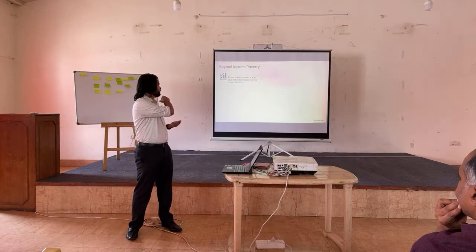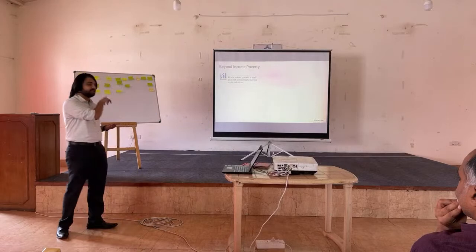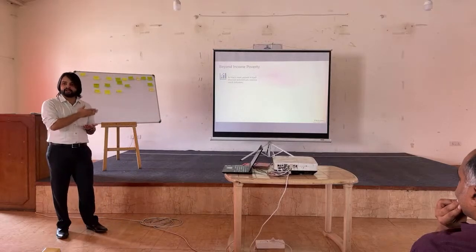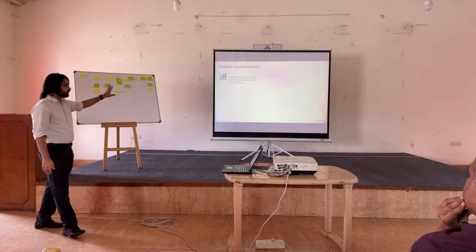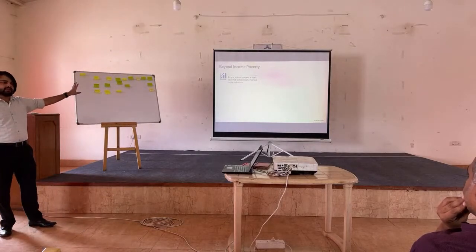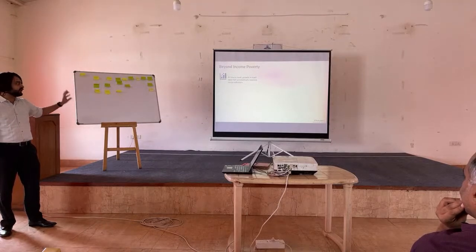That is the normative motivation. What are the data-driven motivations that urge us to look beyond income poverty? The first is that growth is a necessary condition for improvement, but growth in itself does not improve social inequalities.